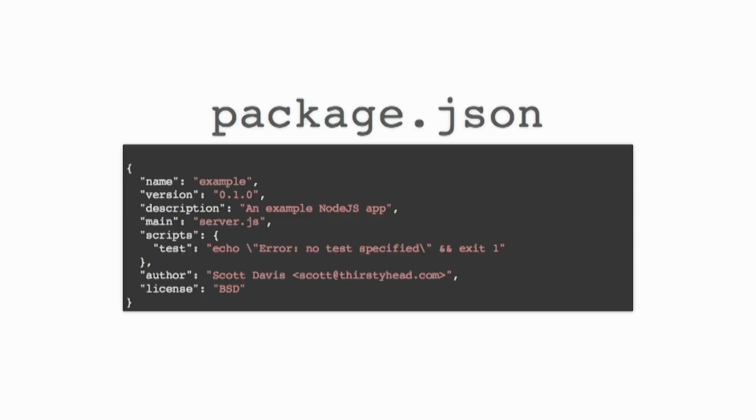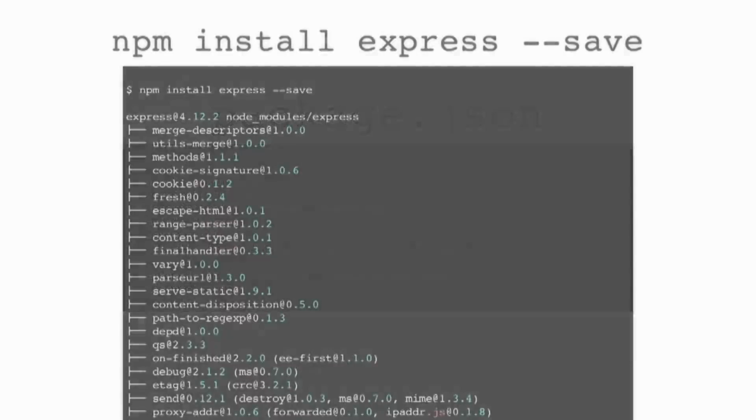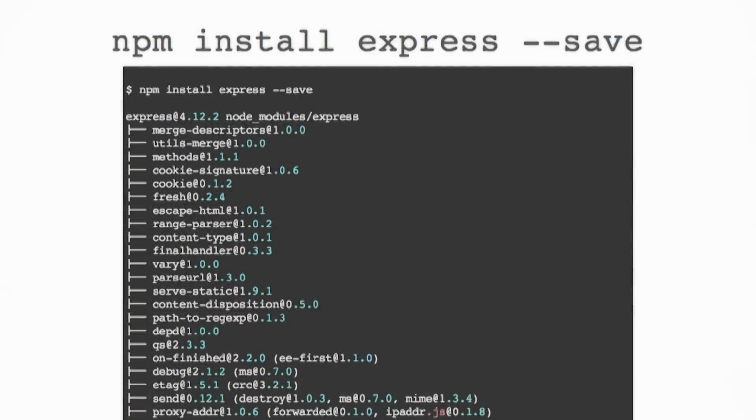But you'll notice that this boilerplate package.json file doesn't include a dependencies block and it doesn't include a dev dependencies block. Let's fix that. Let's go in and type in npm install express --save. Now, the instructions you got on npmjs.org and on Express's homepage told you to do an npm install express.